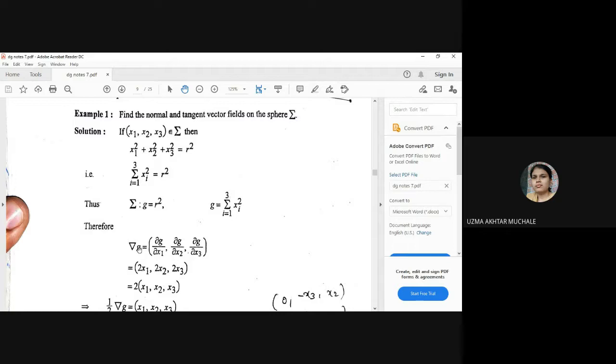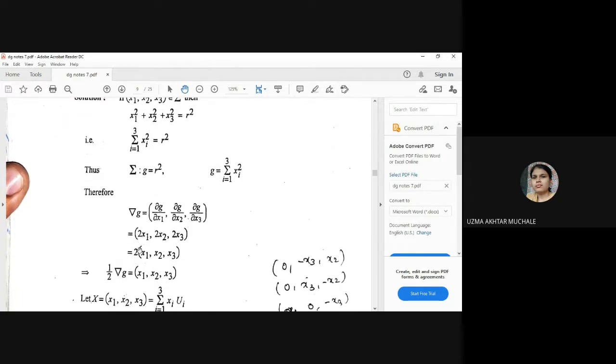So what will be del g? It is nothing but dou g by dou x, dou g by dou y, dou g by dou z, or in another way, dou g by dou x1, dou g by dou x2, and dou g by dou x3. Next we just differentiate this equation with respect to x, y, z.